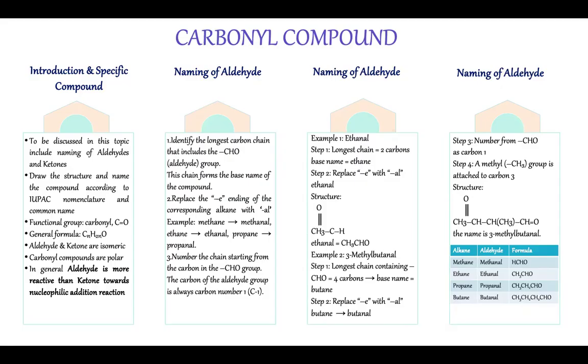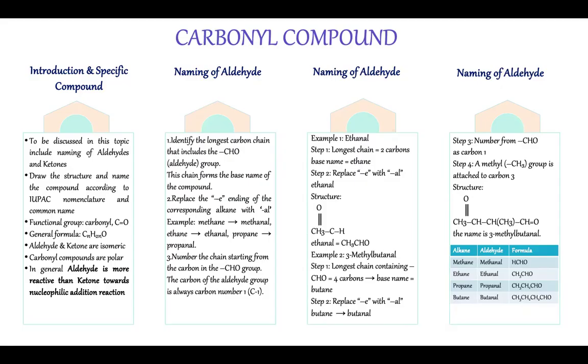Example, methane becomes methanal, ethane becomes ethanal, propane becomes propanal. Then you number the chain starting from the carbon in the -CHO group, and the carbon of the aldehyde group is always carbon number 1, which we would specify as C-1.